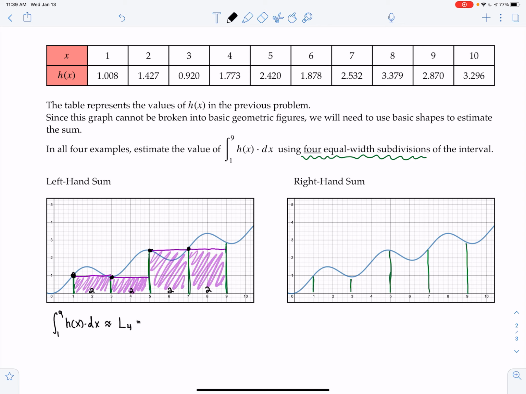I would say my L4 is equal to the base times the height, which is h of 1, 1.008, plus my base of 2 times h of 3, which is 0.920, plus my base times the height of my third rectangle, which is h of 5, which from my table is 2.420, plus the base of my fourth rectangle, always 2, or at least always the same as the others, and that has a height of h of 7, which is 2.532.